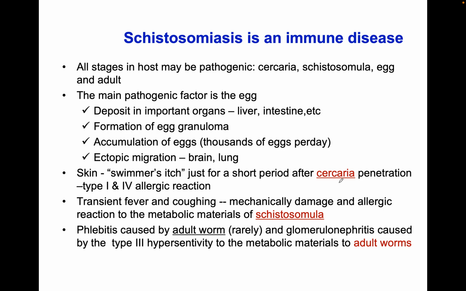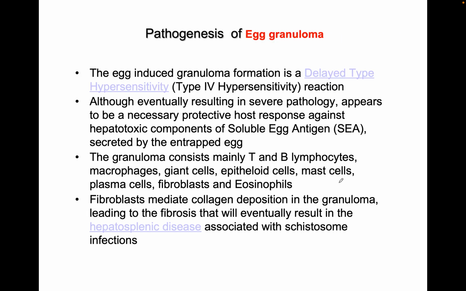And then there's phlebitis caused by the adult worm, which is rare but can happen, and glomerulonephritis caused by the type 3 hypersensitivity to the metabolic materials of the adult worms. And we'll be putting our attention on the egg granuloma.